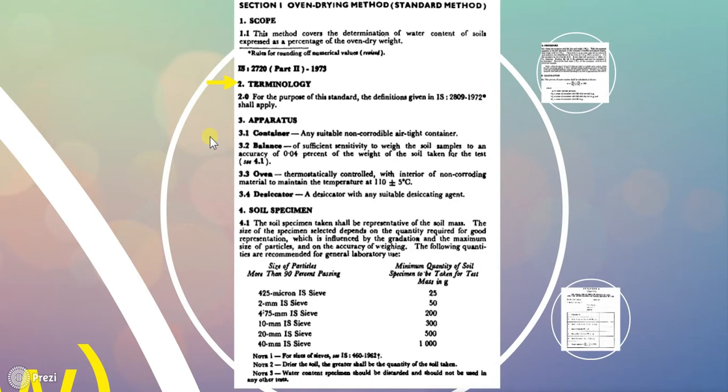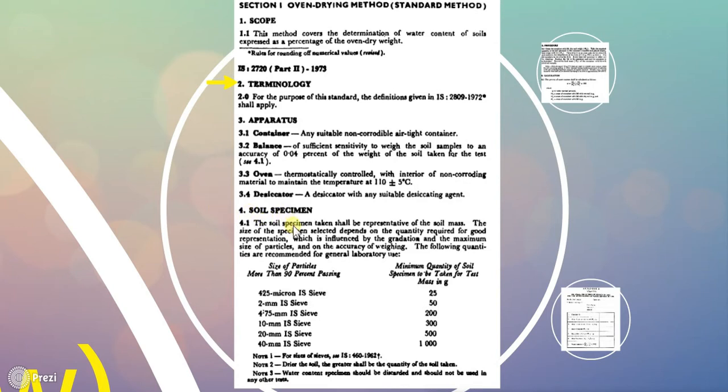Apparatus required for the oven drying method will be container, balance, oven and desiccator. Desiccator is nothing but a vessel which can be sealed so that moisture does not go outside. Generally, desiccators are used in chemical labs.